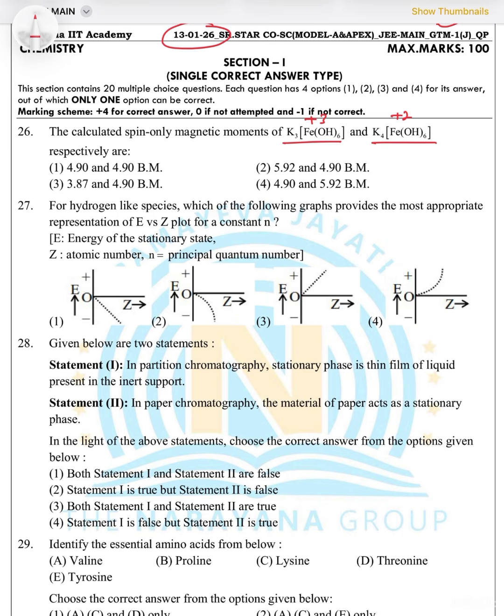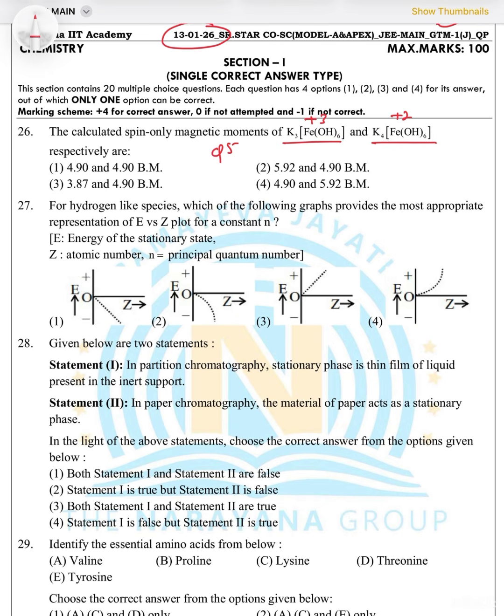OH, that is hydroxide ions, are weak field ligands. Pairing doesn't take place. So for the number of electrons in the d orbital in the first complex, in +3 oxidation state, iron 4s2 3d6, 2 electrons from s and 1 electron from d orbital will be lost. So d5 configuration is there.